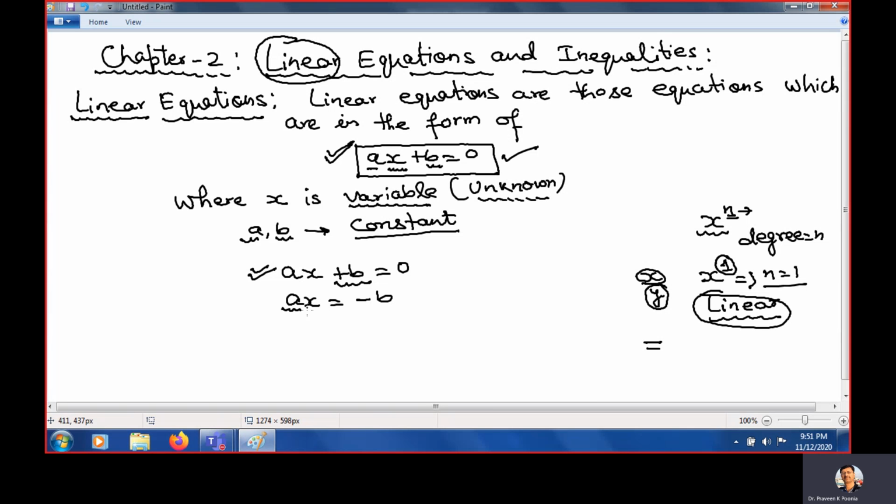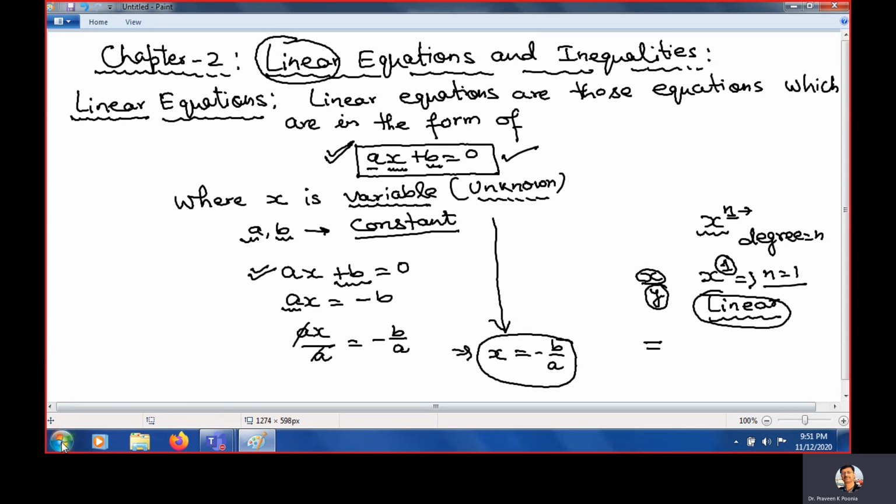Then whatever the coefficient here, a is called the coefficient, you divide the equation by the coefficient. If you see, a cancelled by a, so x equals minus b upon a. This is the value of the unknown, the value of x. So this is how we are going to solve.